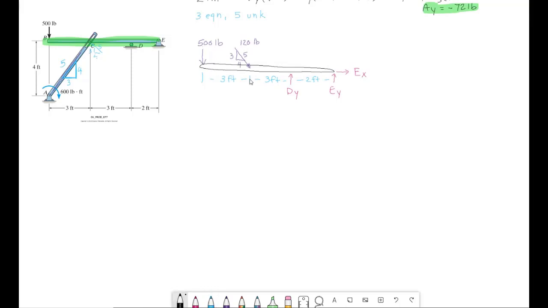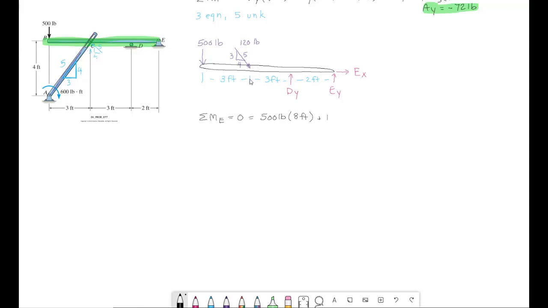Let's write some math. If I sum my moments about E, I can solve straight away for DY. I like to start with something positive, so we'll go with 500 pounds times 8 feet. That's going to give me a counterclockwise rotation, or a positive moment.